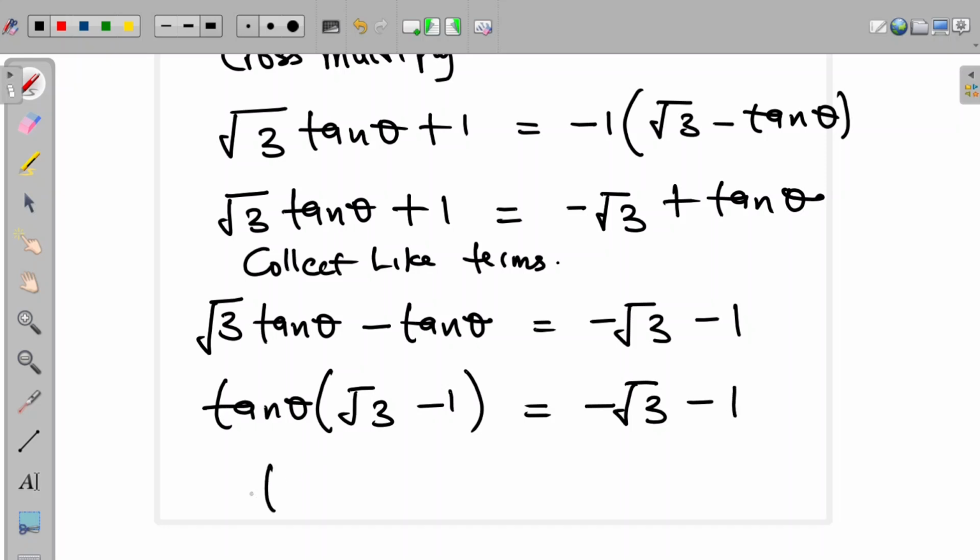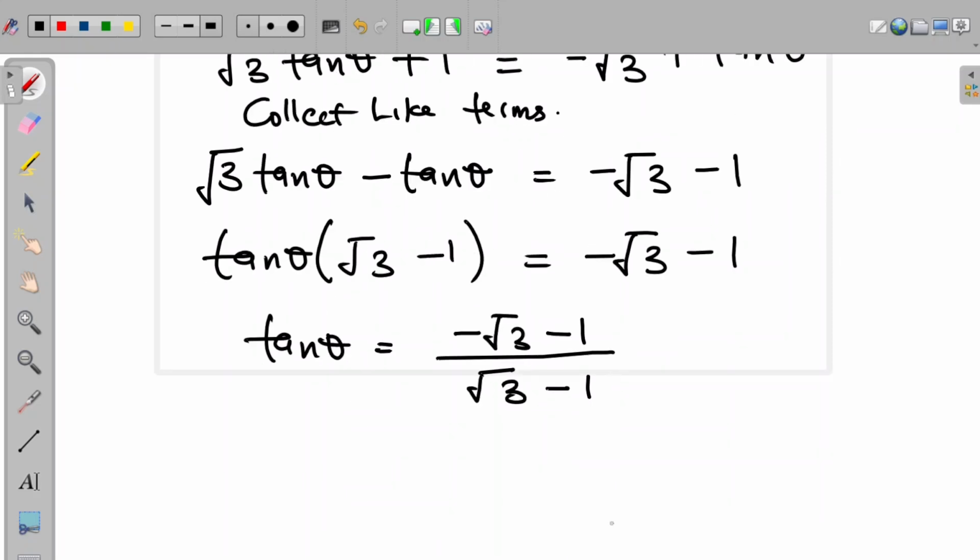So therefore, tan theta is equal to (minus root 3 minus 1) all divided by (root 3 minus 1). Also, this can be expressed as minus, open bracket, root 3 plus 1, divided by root 3 minus 1.